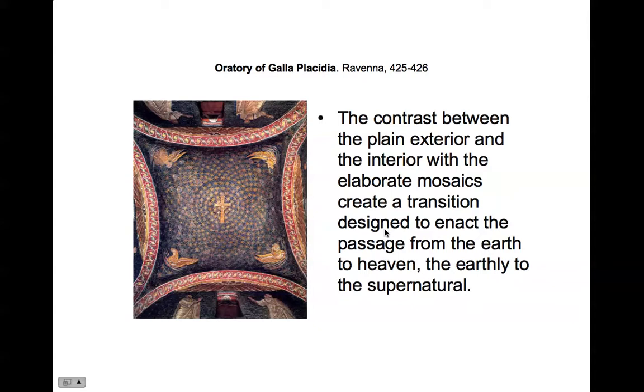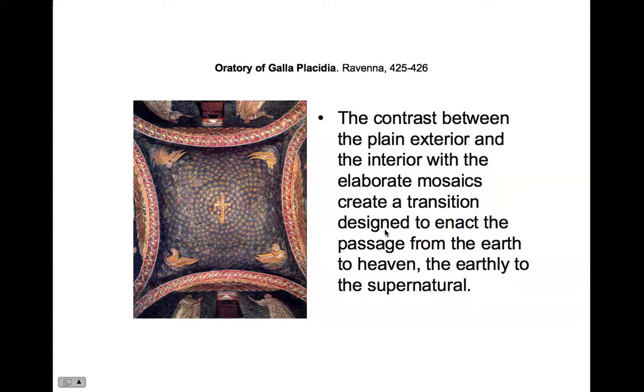This is another dome in Galla Placidia, and there's a cross in the center with a starry night displayed, basically. The contrast between the plain exterior and the elaborate interior is most beautifully represented with this domed mosaic, because it's a representation of heaven almost.